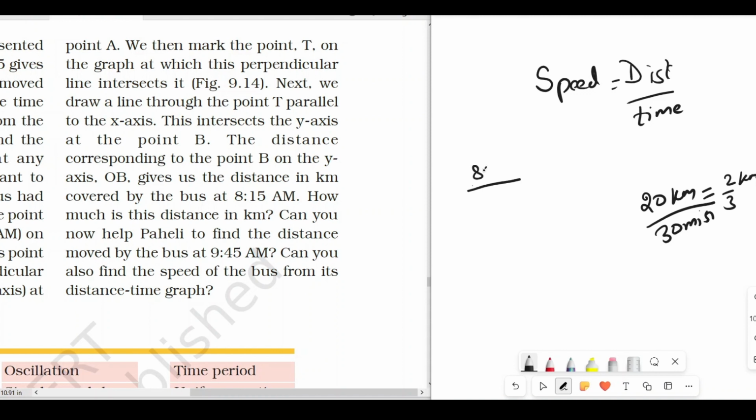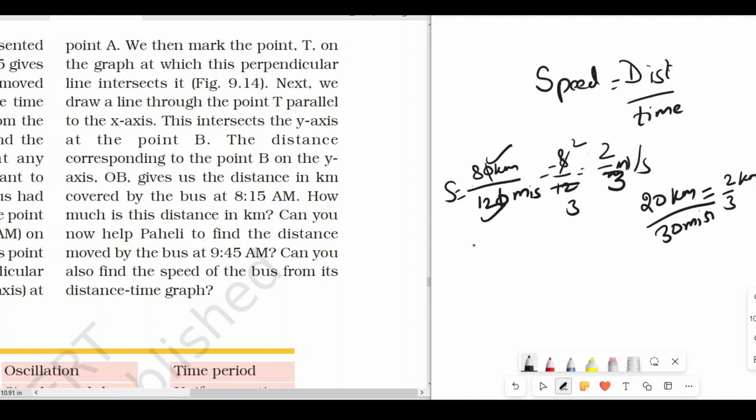So it went 80 kilometers in 2 hours. And 2 hours is how many minutes? 120 minutes. Okay. So what's the speed? 80 kilometers in 120 minutes is 8 upon 12. And then you reduce it further to 2 upon 3.